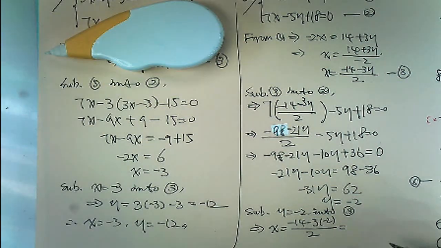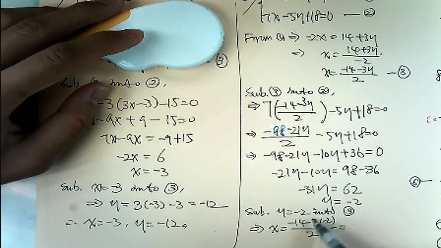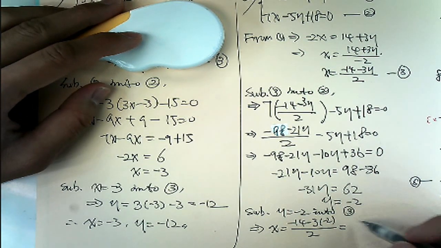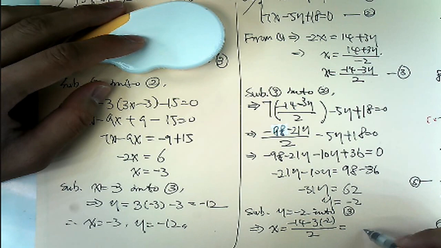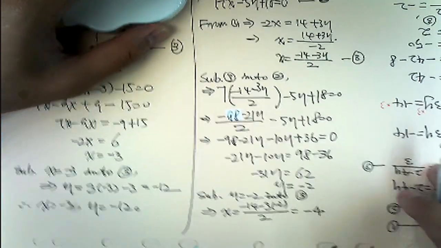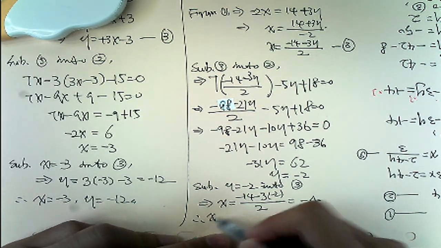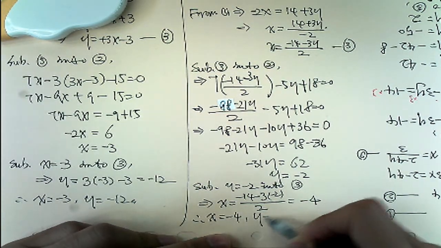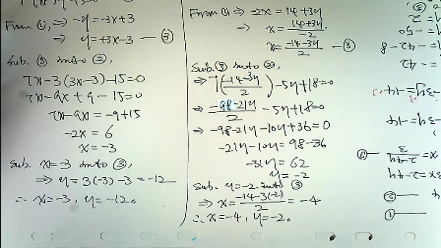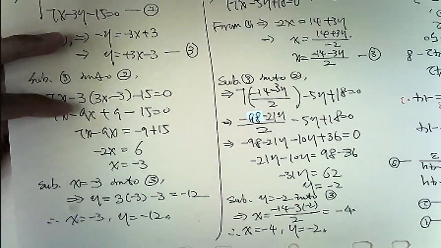So on top here, it should be positive 6, minus 14 minus 8, divided by 2, minus 4. Understand? Is okay? And then next, x equal to minus 4 and y equal to minus 2. So the conclusion. Is okay? So this is number 6.